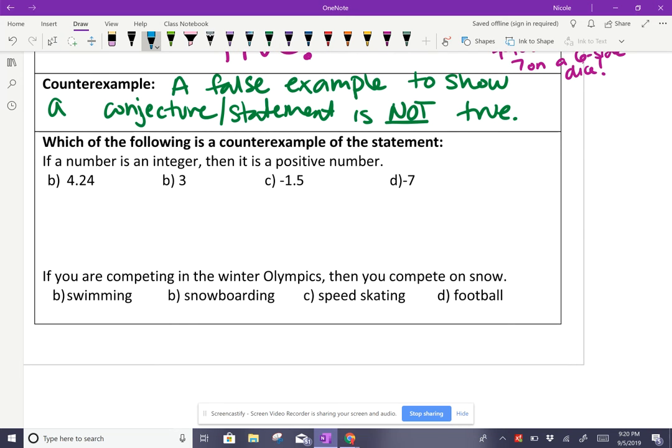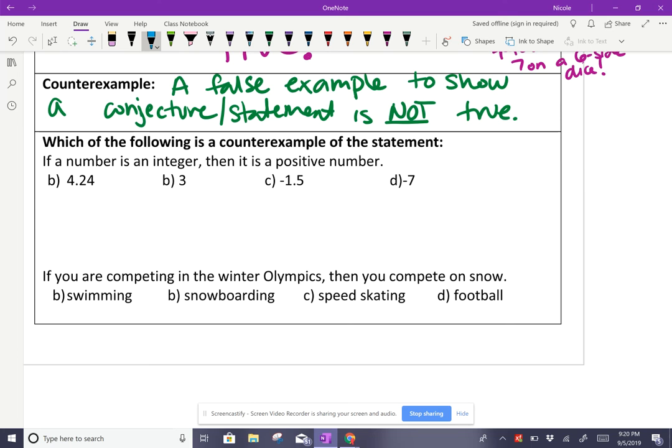So looking at our example here, which of the following is a counterexample of the statement? If a number is an integer, then it is a positive number. So integers, if you don't remember, are whole numbers that range from negative infinity to infinity. So they cover negative numbers and positive numbers, but they don't include decimals.